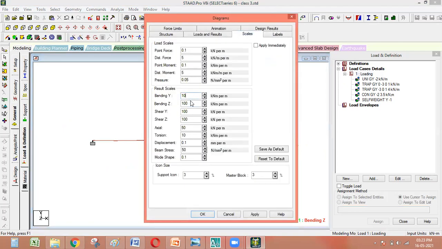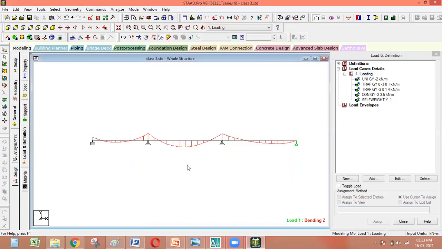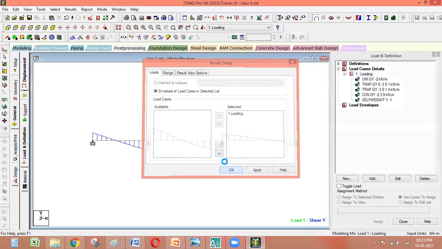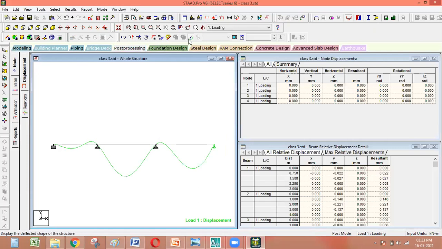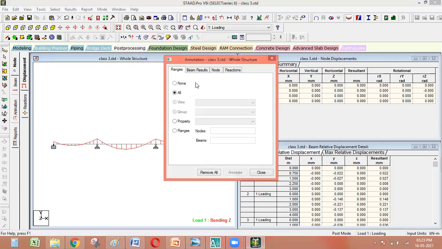Now you can look at the bending moments and the shear force diagram. As usual, you can go to post processing. Now you can switch on moment Z and view the results.